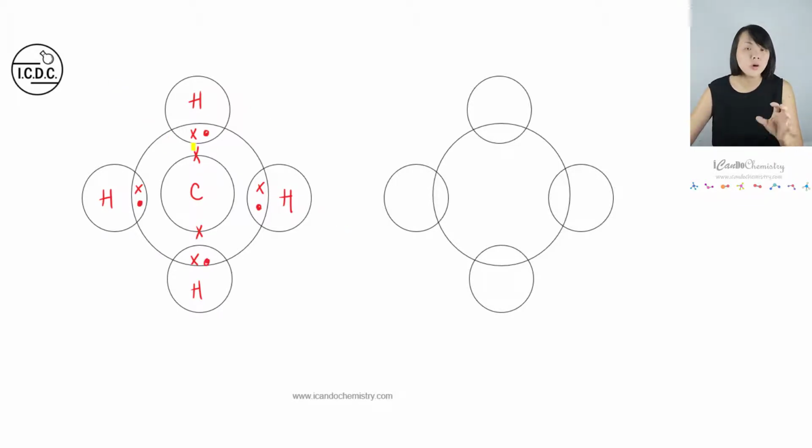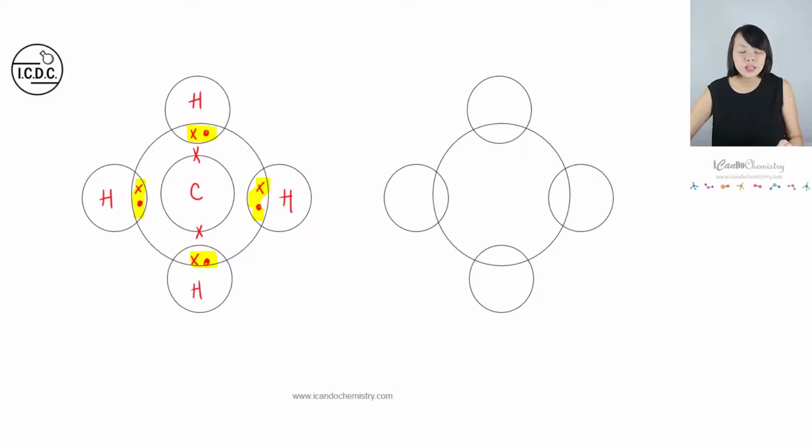Now, if we focus on carbon, has the carbon attained the noble gas electronic configuration? Let's count now. We have 2 electrons, 4, 6, 8. The second electron shell, which is the outermost electron shell, has 8 electrons, so it has attained the noble gas electronic configuration.